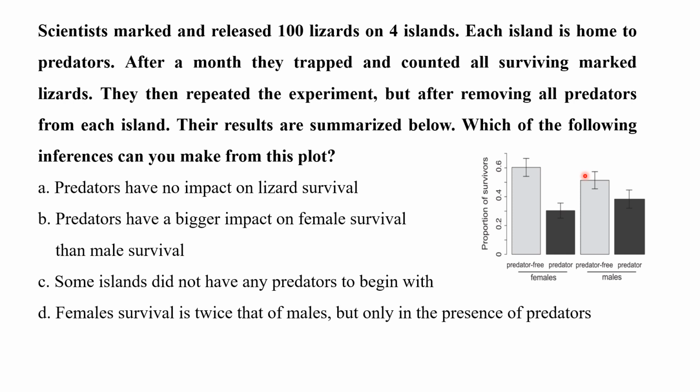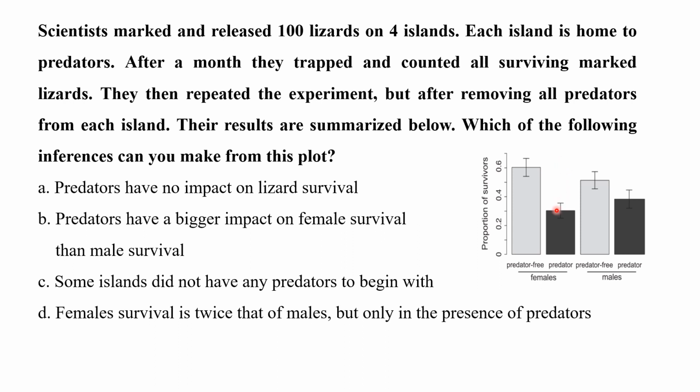The question states that each island is home to predators. So by default, option C is incorrect because it says that some islands did not have any predators to begin with, which is wrong. From the graph, the decrease in the survival of females is more significant than that of males.